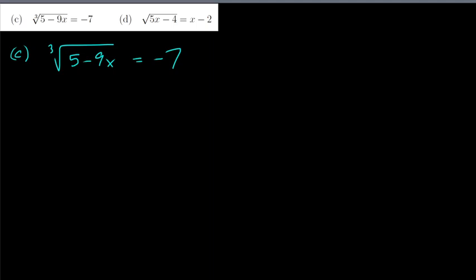Number 9, part C. We want to solve the cube root of 5 minus 9x equals negative 7. Now, unlike the previous problem where, wait a minute, the right side is negative, the left side appears to be positive, but hang on, remember the cube root of a negative number could be a negative number, right? So it's not the square root.